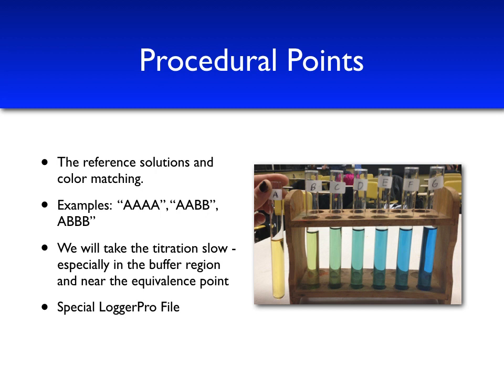Finally, if we have a solution that looks almost like solution B, but not quite there, we could call it ABBB. You'll see us do this color matching during the lab video.